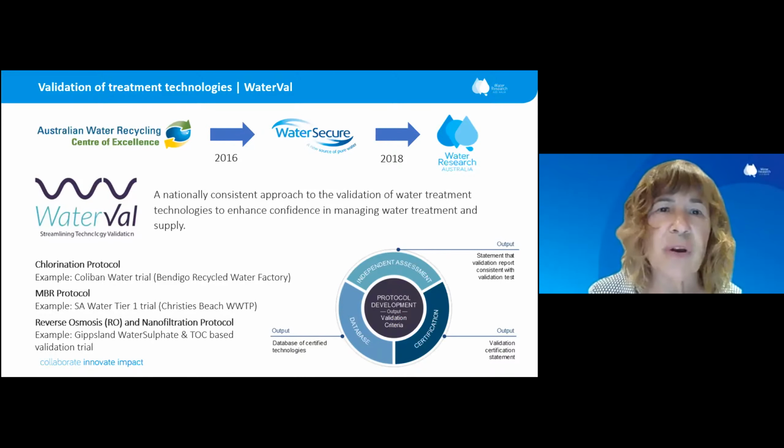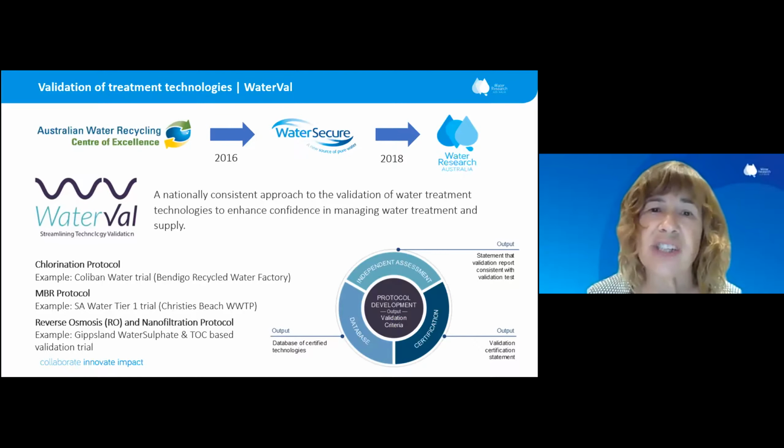This framework was designed as a nationally consistent approach to the validation of water treatment technologies, to enhance confidence in managing water treatment and drinking water supply. So this is very important, and it's really based around the multi-barrier approach and understanding what kind of barrier to pathogens, and potentially in future chemicals, a particular technology can deliver.